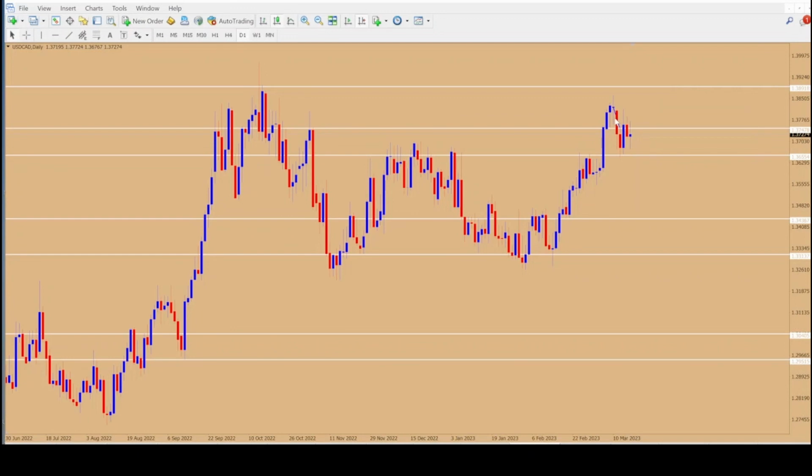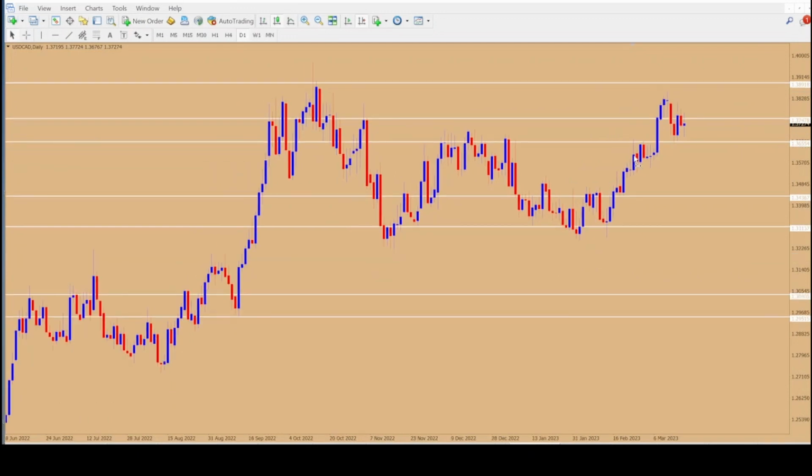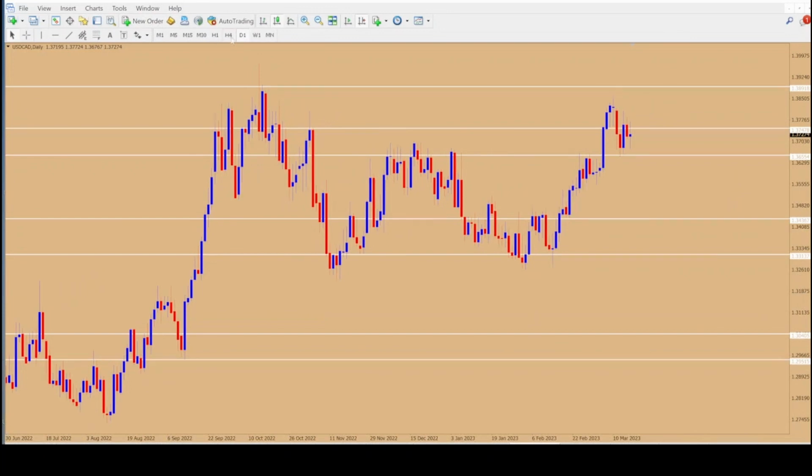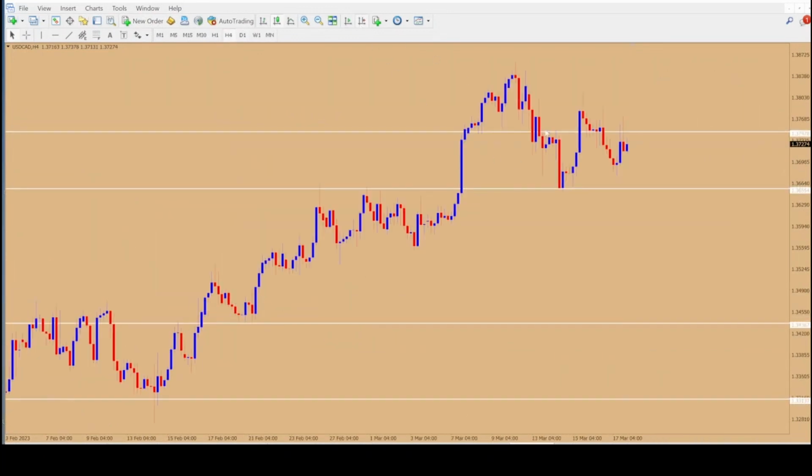USDCAD right now is looking like a typical pause of a bullish continuation. So let's check the H4. It's giving us something like a pennant, I believe.